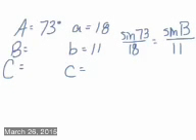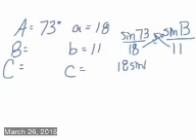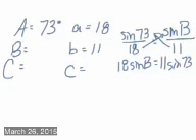When I cross multiply with this, I've got 18 times the sine of B equals 11 times the sine of 73. If I divide... What part of cross multiplying are you confused by? What part? No, Markel. You said you're confused.